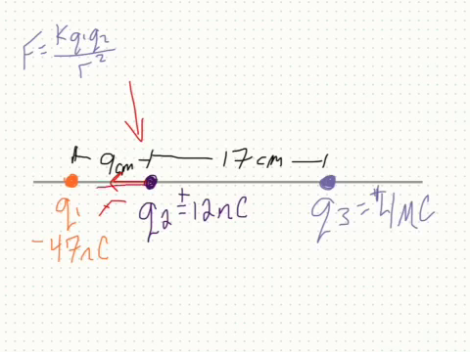I'm going to try to draw it right here. So there's two forces. Force on 2 by 1, and a second force on 2 by 3. This program's causing me to write a little bit messier than usual, because my hand has to hover above the iPad.